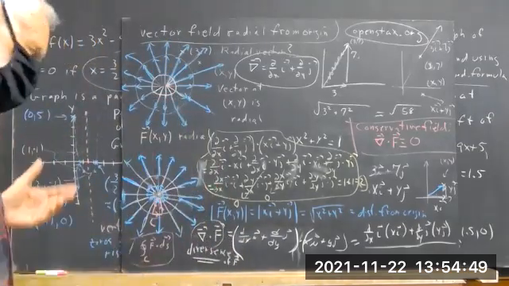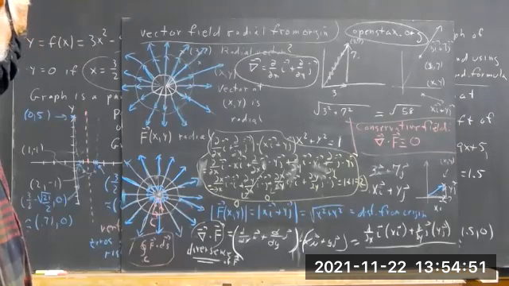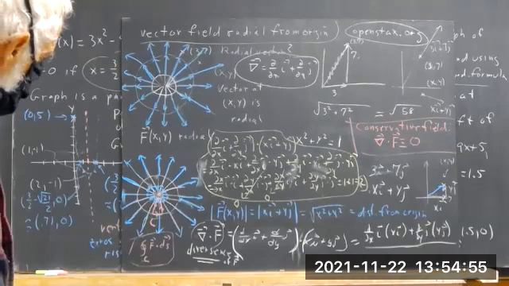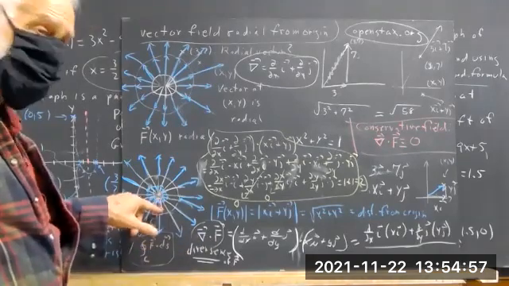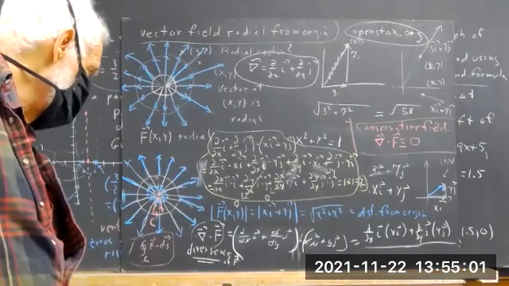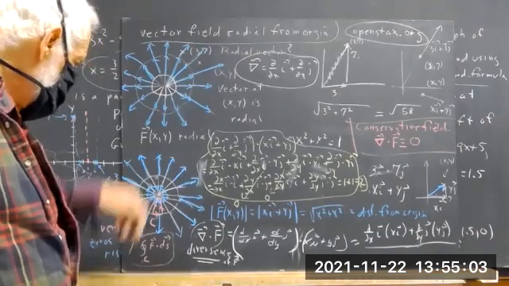Green's theorem talks about how the integral of the divergence over this region is equal to the flux of this field.